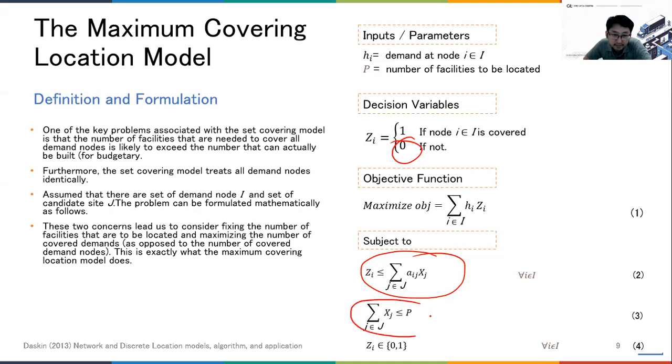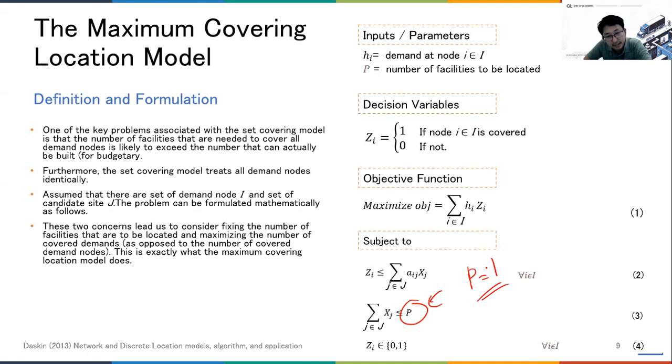Another thing is this one, okay, where the total number of facilities being allocated is now limited by some number equal to P. Let's say if you can only open one facility, so P will be equal to 1. And the total number of facilities being open, sum of Xj, will be 1. Okay, let's say you have 1, 2, 3 facilities.